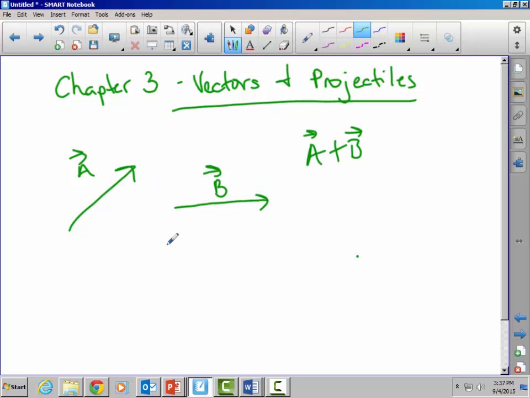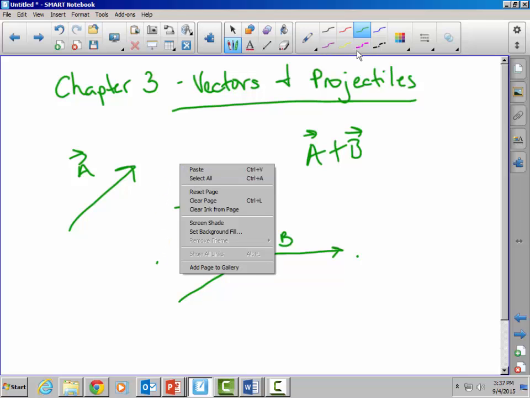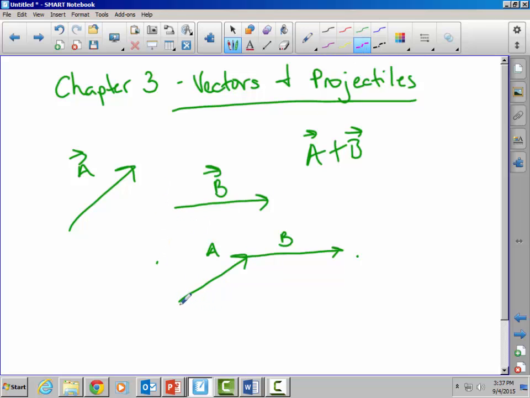So I'm going to slide these vectors together so that they sit parallel to their original position and they are head to tail. So when I add them together, the answer to that we call our resultant, and it's a vector that runs from the tail of A to the head of B.